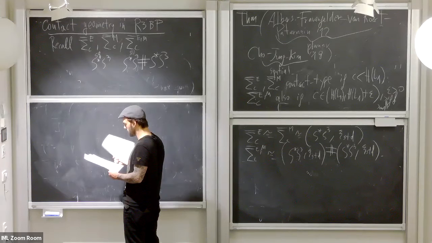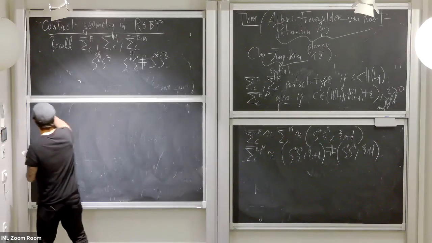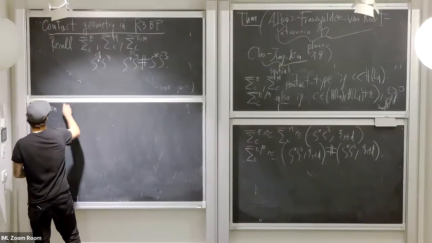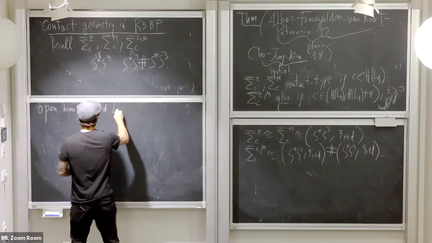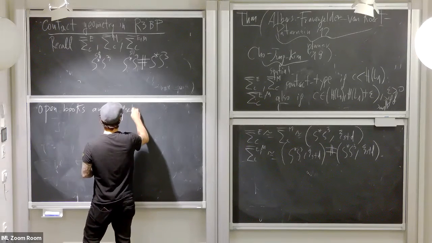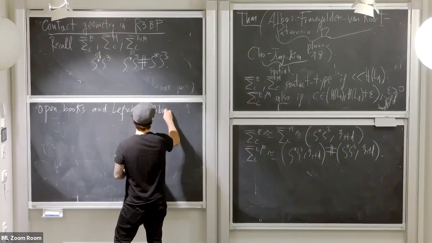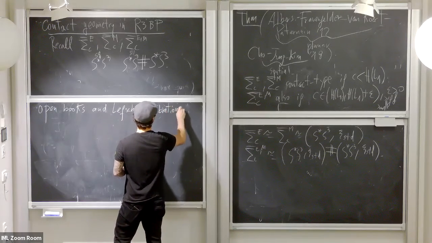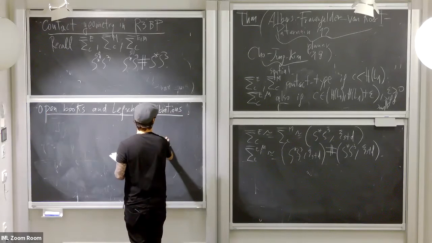Okay. So let me do a very short digression, since I'm not going to have too much time today to talk about Hofer-Wysocki-Zehnder. So let me just talk about open books and Lefschetz fibrations.